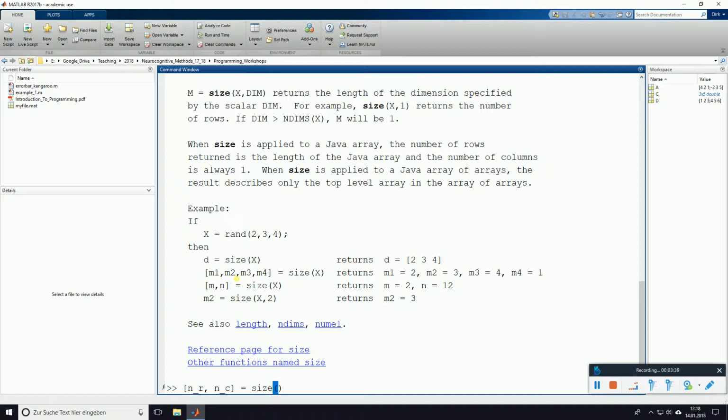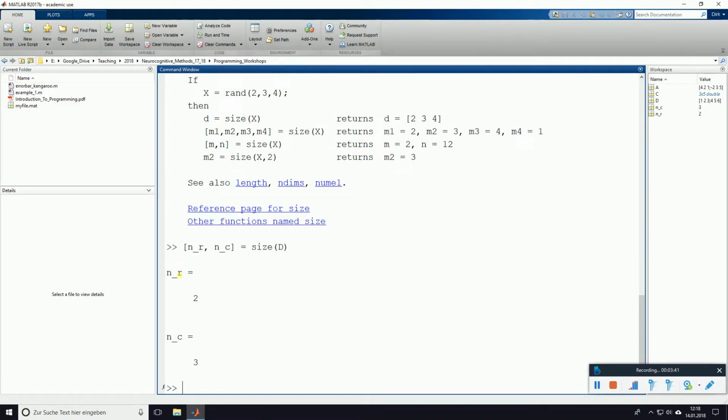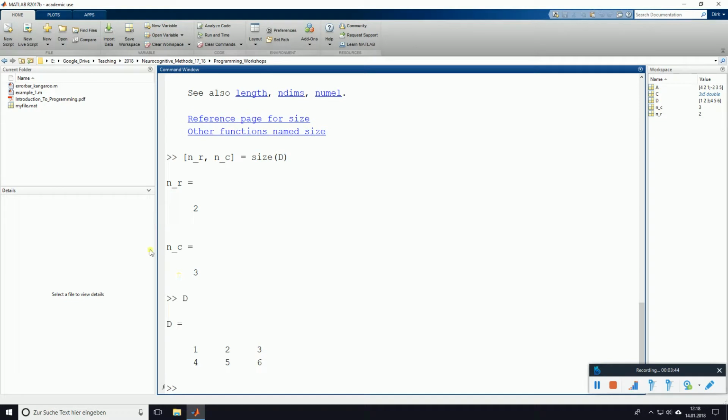And here we allocate size(D). So we get 2 rows and 3 columns, as we can see here: first row, second row, column 1, column 2, column 3. And it's fundamental to get into one's head that the first number when talking about matrix dimension is always the number of rows, and the second one is the number of columns, and not the other way around.